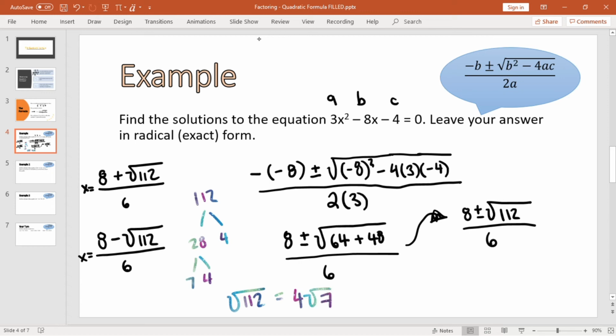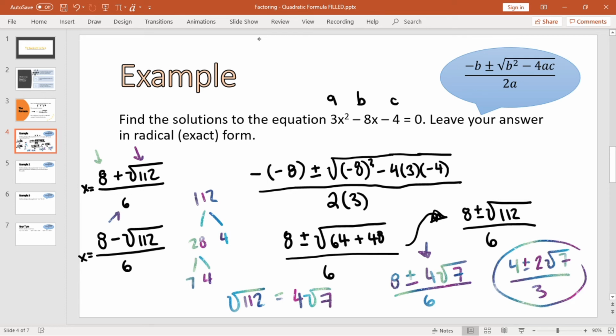So then you would have had 8, and this is me going off on a tangent here, 4 root 7 over 6, which would have made you think about how they are all divisible by 2, because when they're on the root side, you can't reduce. I can't divide 8 by 2 and 6 by 2 and the root of 112 by 2. You have to have the numbers outside of the root sign, like we've just gotten to over here on the right. So now I could do 4 plus or minus 2 root 7 over 3. So this is correct, and this is correct as this answer.